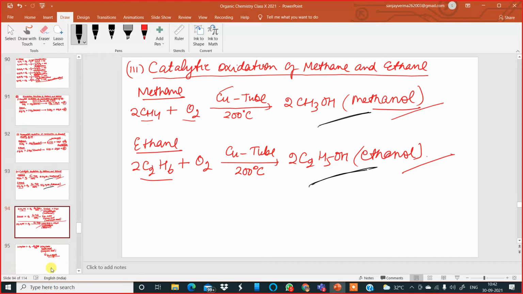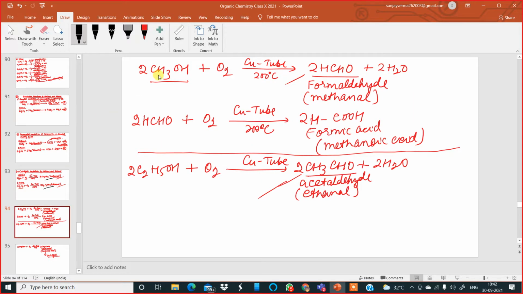After that, further oxidation of methanol to methanal, an aldehyde, in the presence of a copper tube at 200 degrees Celsius was also done, and oxidation of methanol to methanoic acid.